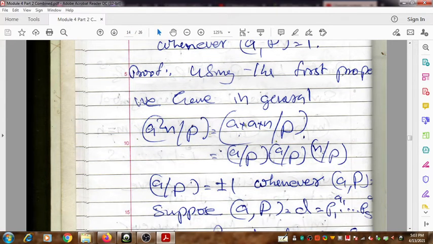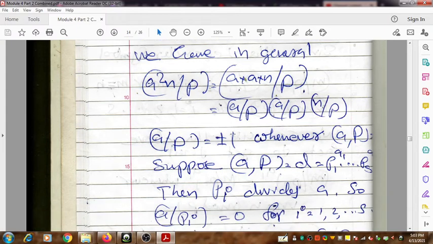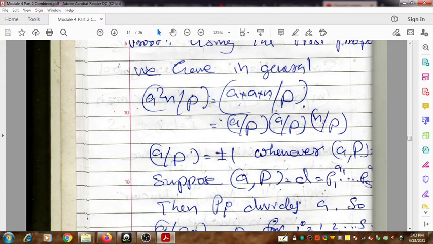Using the first property, we can say that (a squared n / p) is equal to (a·a·n / p). We can write that because you can split a squared.